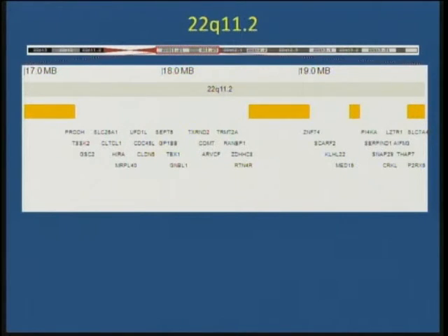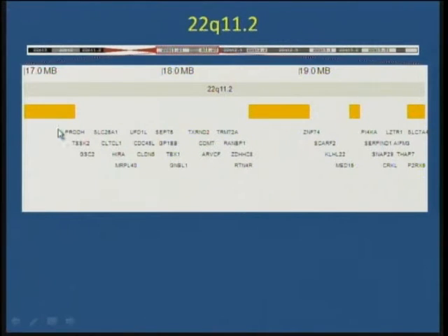The first recurrent CNV that I'm going to talk about is 22q11.2. This is the chromosome blown up, at megabase 17 through approximately 20. This is the cytogenetic band, and these orange fragments represent those segmental duplications, or low copy number repeats, that mediate the deletion or duplication.